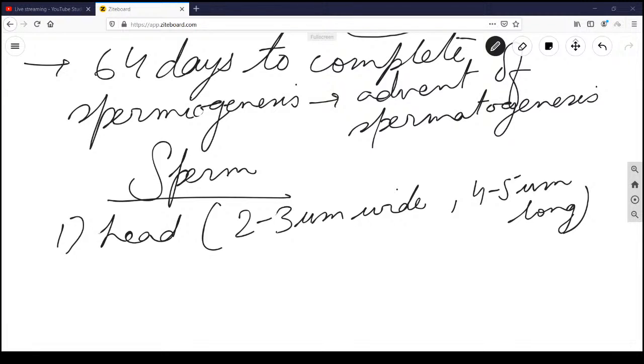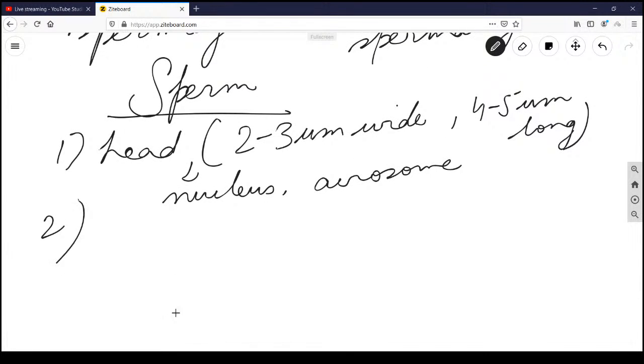The head also contains the nucleus and acrosome. Number two, after the head comes the mid piece.